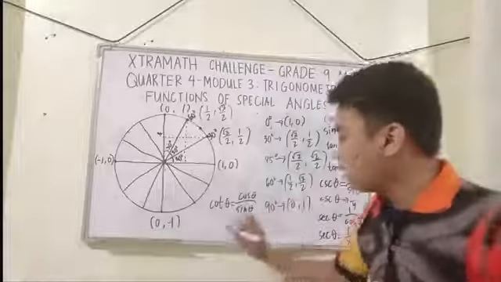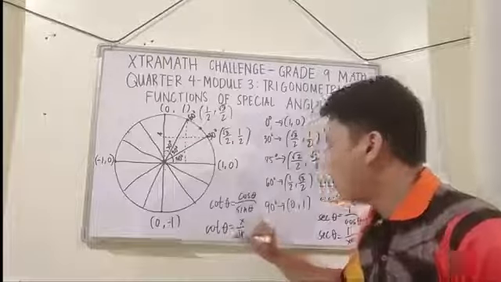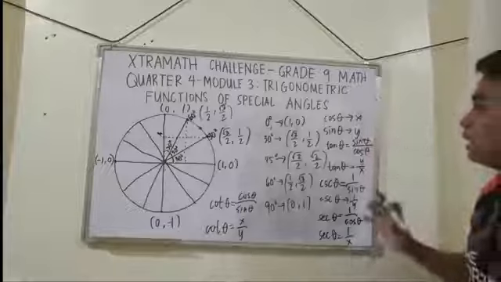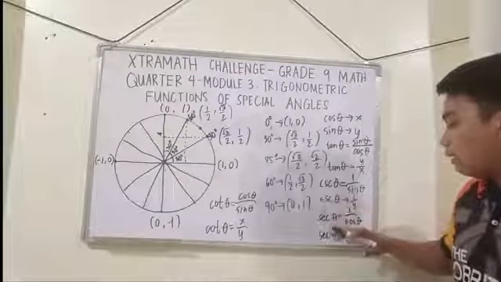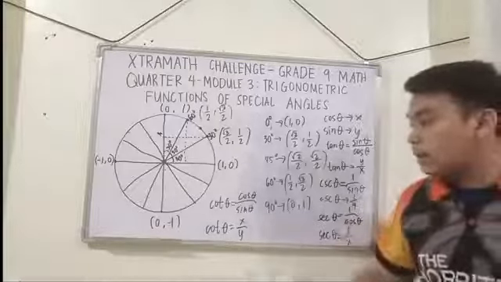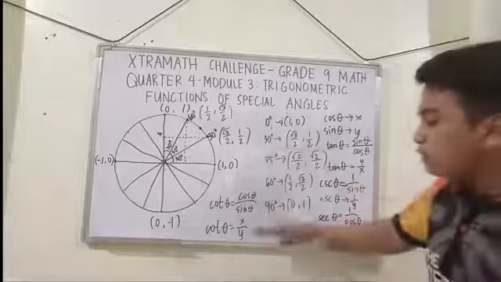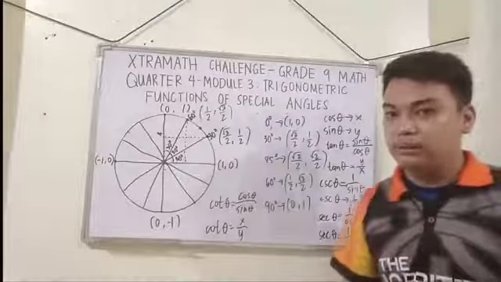So in terms of x and y, we can say that cotangent theta is equal to x over y. So these are the values of the cosine theta, sine theta, tangent theta, cosecant theta, secant theta, and cotangent theta in terms of x and y. So we can use this to find the values of those trigonometric functions.